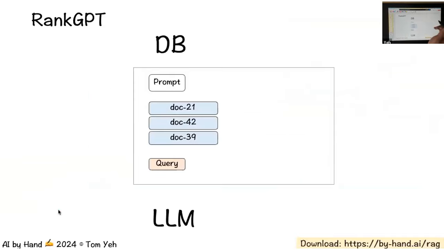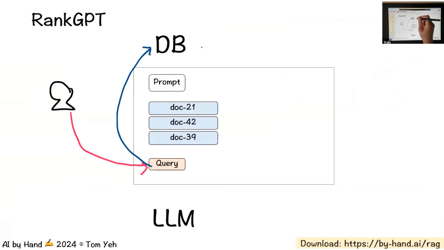And then let's talk about some other architectures. I'm going to show you RankGPT. The idea is that, similarly, we start with a user, and the user will specify a query, and then you will use this query to go to the database to retrieve a bunch of relevant documents just as before.